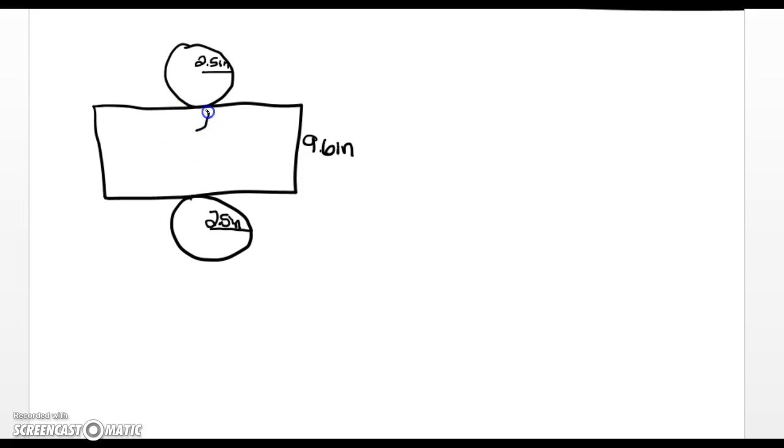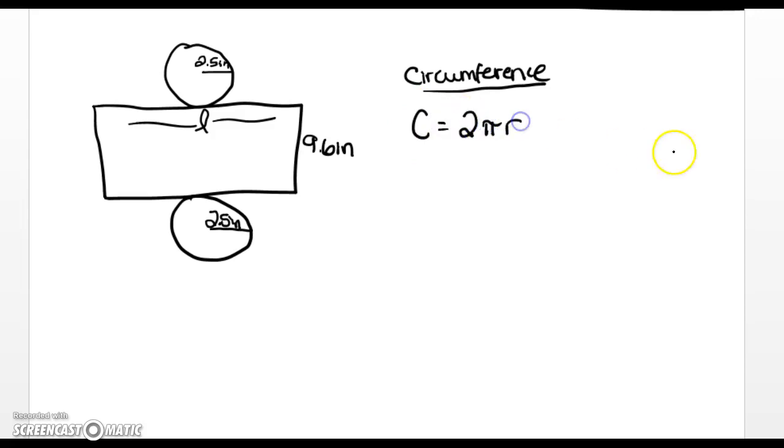So we need to find the length of this rectangle. To do that, once again, we're going to use the circumference of the circle, because this part here would wrap around that circle, so that would tell you the length of this rectangle. Your circumference is equal to 2 times pi times r.